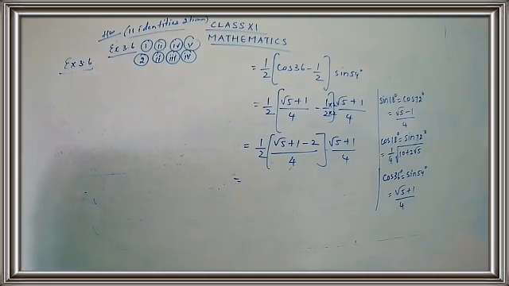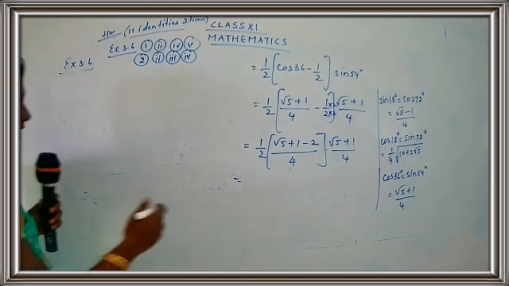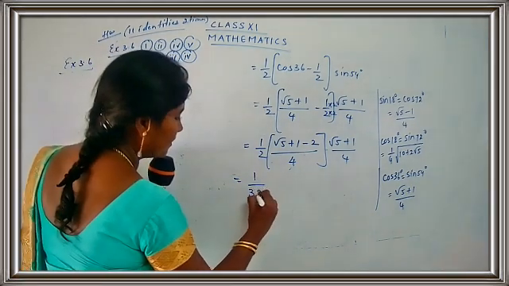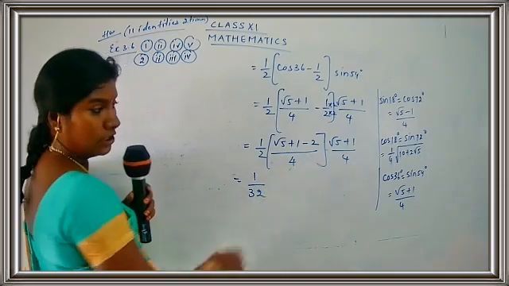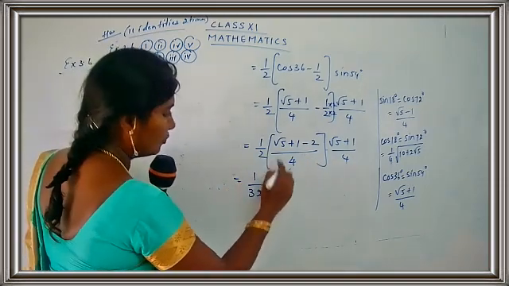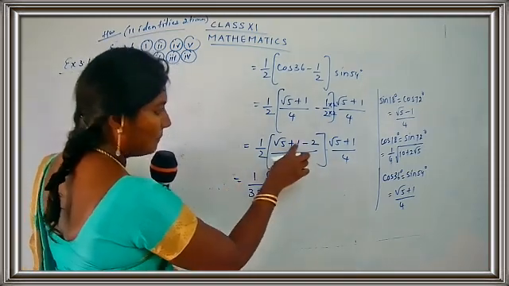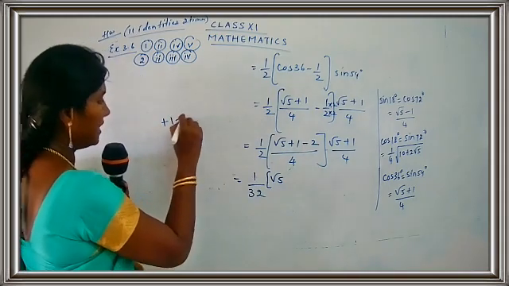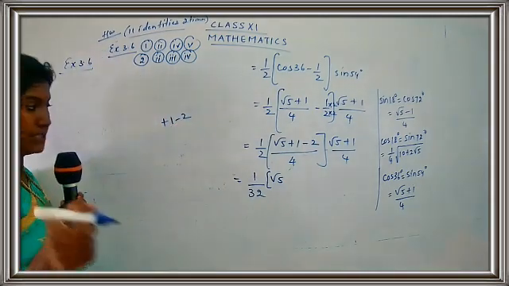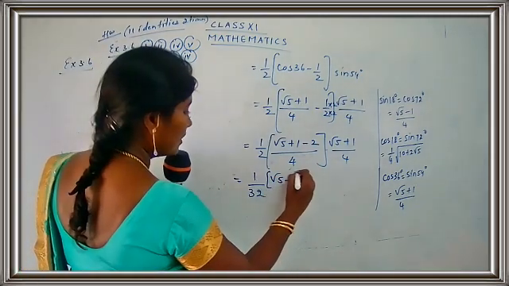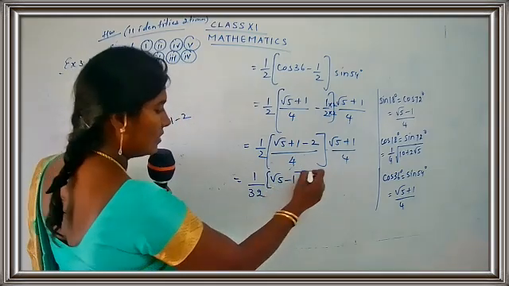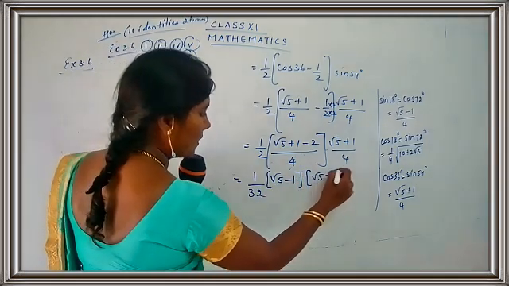So, 4 4s are 16, 16 2s are 32. Let me write down the multiples of denominator first: 2 4s are 8, 8 4s are 32. Now let me take the numerator part here. Root 5 plus 1 minus 2. What is plus 1 minus 2? It's minus 1. So, I get here root 5 minus 1 and here it's root 5 plus 1.